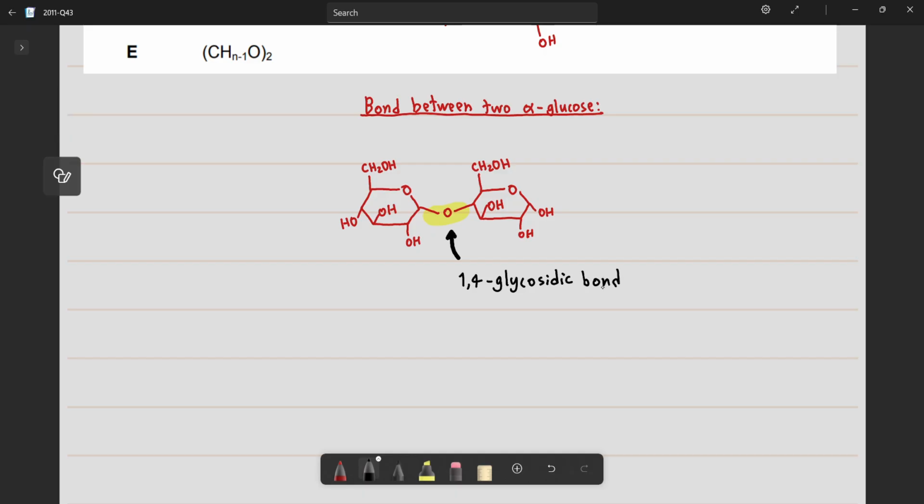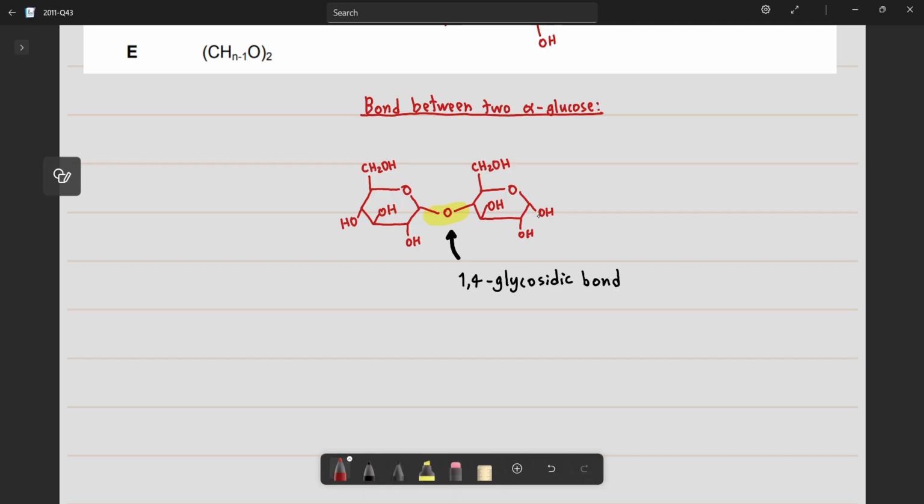Okay, 1,4-glycosidic bond. So why is that? Because this 1,4 is a carbon number position. Over here, these carbon numbers, and they form the 1,4-glycosidic bond, the link between these two glucose monomers.